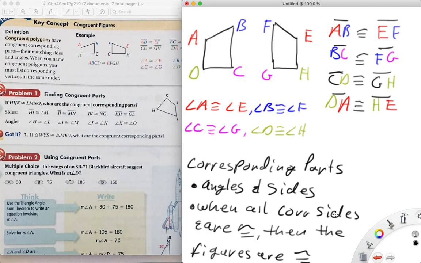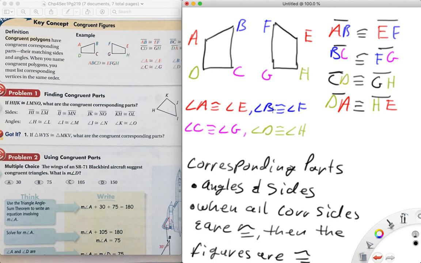We have four sides, so we have four pairs of congruent sides. We have four angles, so we have four pairs of congruent corresponding angles.